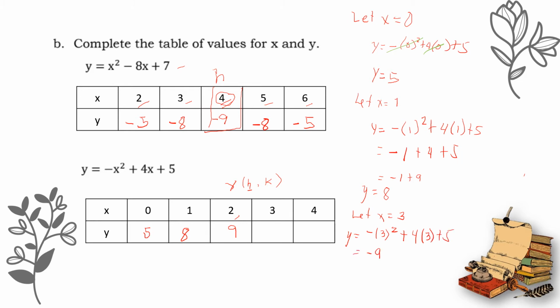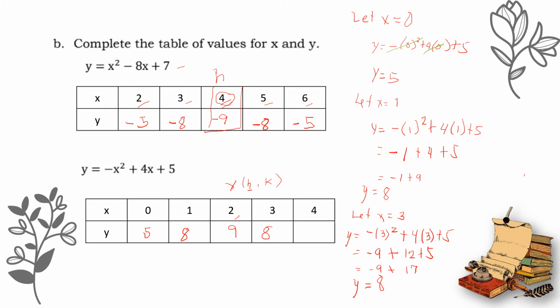Negative 9 plus 4 times 3, that is 12 plus 5. So, negative 9 plus 17. Y now is equal to 8. So, kapag ang x mo ay 3, ang y mo ay equal to 8.